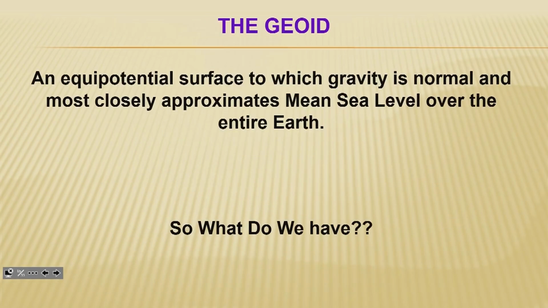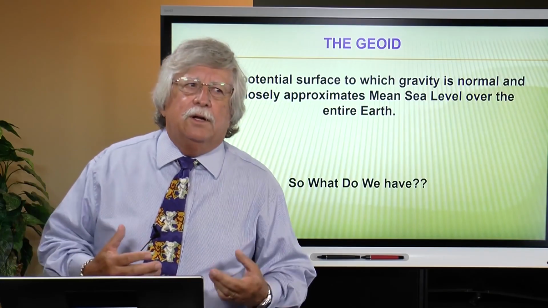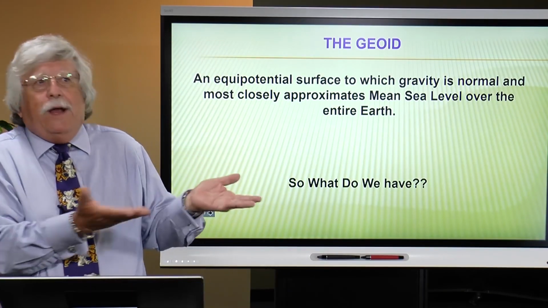We also need to understand the surface referred to as the geoid. Now, in the science of geodesy, the geoid is one of the holy grails. Geodetic scientists around the world have been searching for the true geoid for a very, very long time. So what is it?